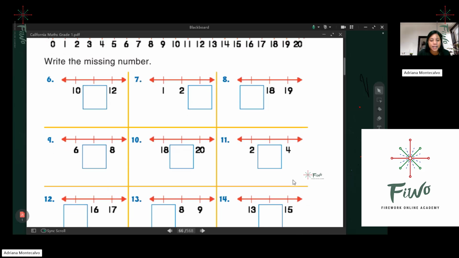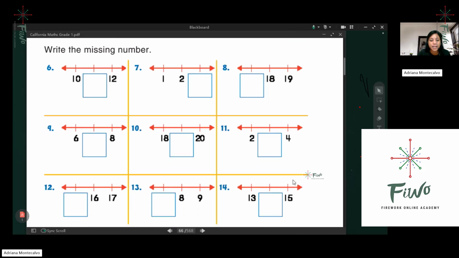Here, Kong. It says again, write the missing number. Okay. 11. This one will be fast, I think. This one. 3. This one. 17. This one. 7.